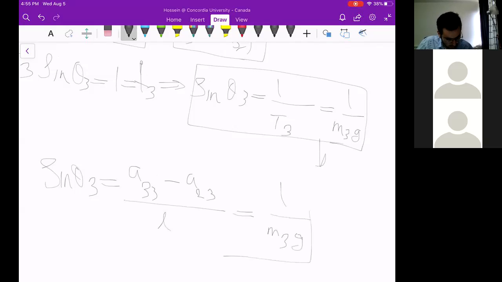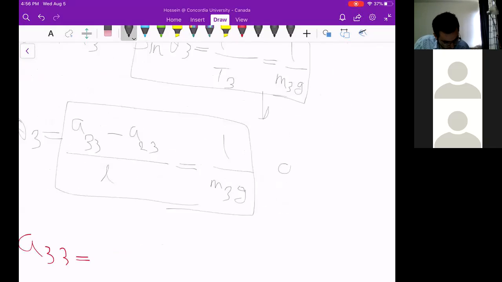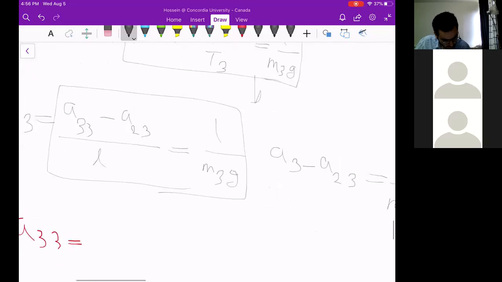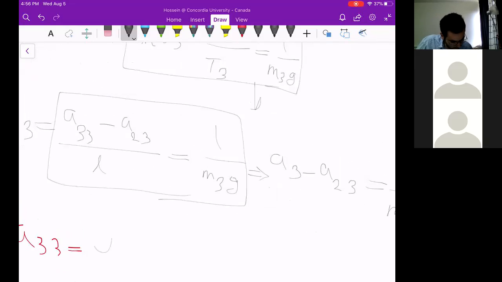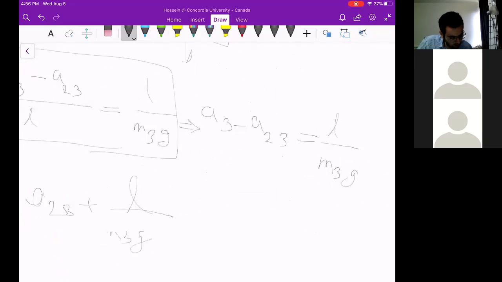So take a look at here and just try to isolate A33. It's going to be L. So you could do it in 2 steps: A33 minus A23 is L over m3g. Therefore A33 is A23 plus L over m3g. A23 is already obtained in the previous section. So just plug in and insert into the matrix.